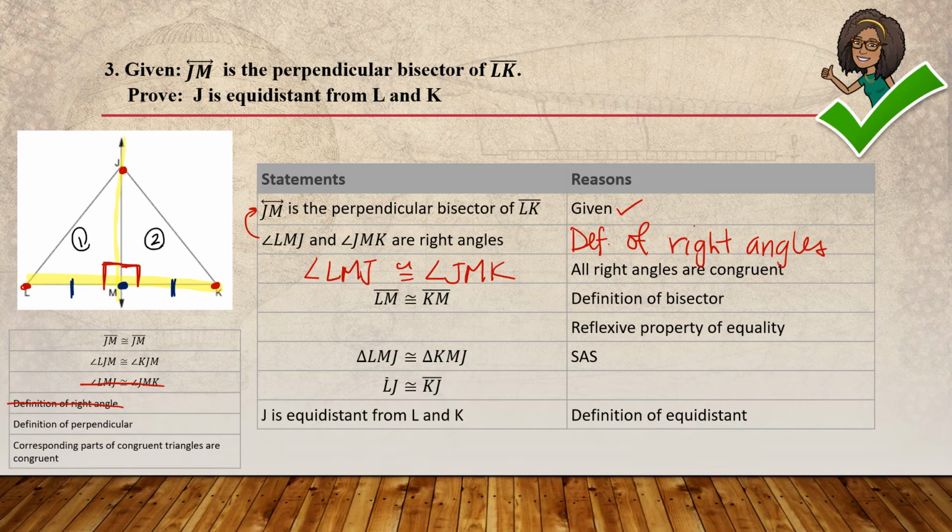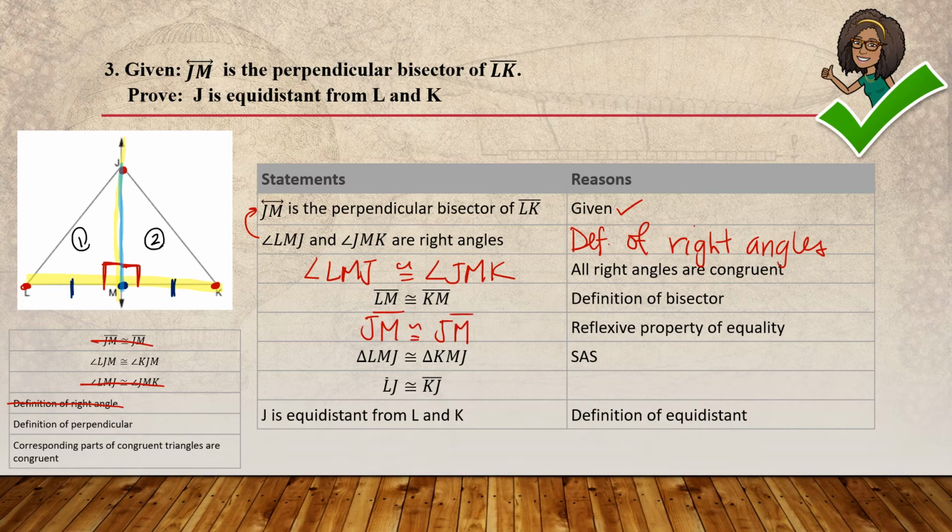What's the one thing that both of these triangles share? Well, that is side JM. So JM would be the side that they both share. So JM, let's use it the same color. So we have JM is congruent to JM.